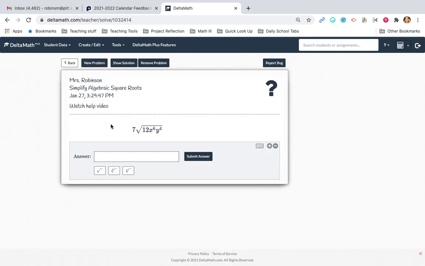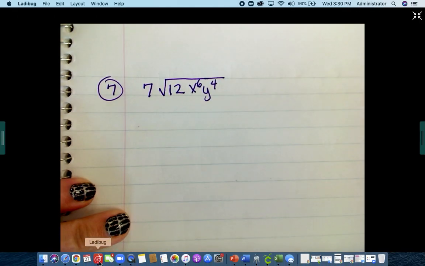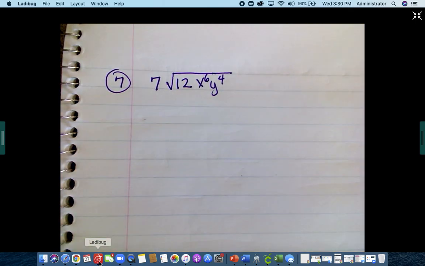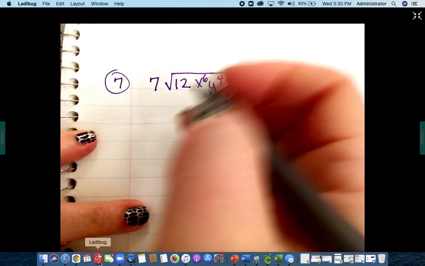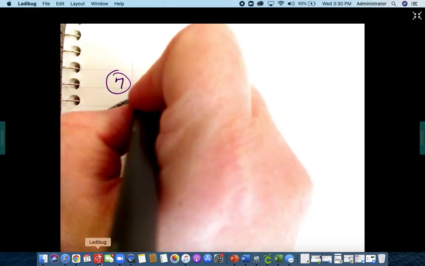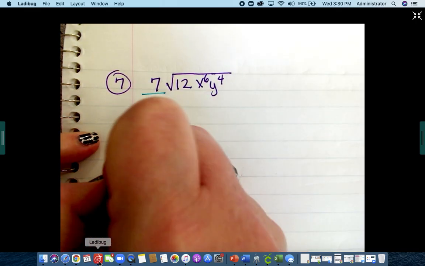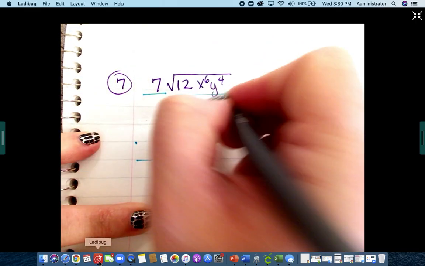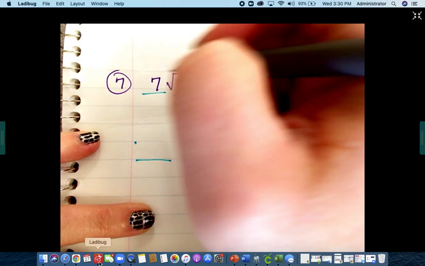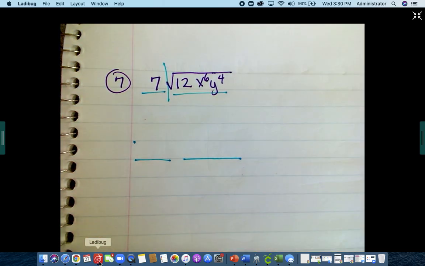So this is number 7, which is 7 square roots of 12, x to the 6th, y to the 4th. So in my notebook, because everything should always be done in our notebooks, I am going to recognize that this 7 and this square root are two separate things being multiplied, okay?